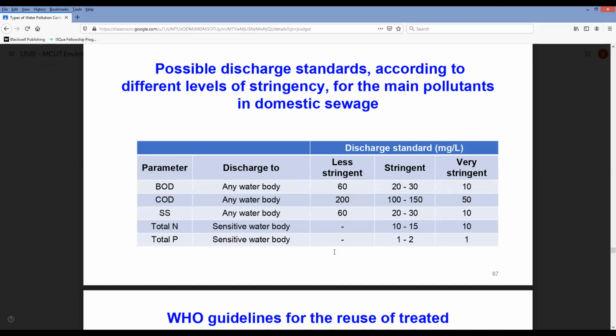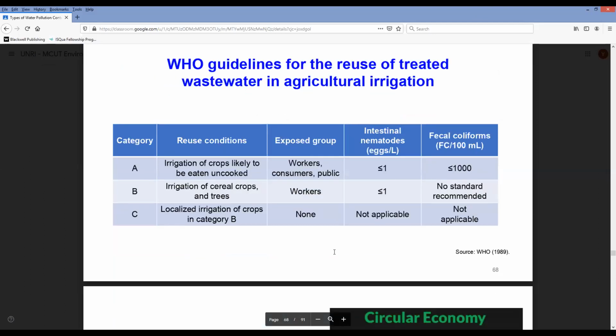Okay, next please. This is the WHO, the World Health Organization, guideline for the reuse of treated wastewater in agricultural irrigation. For category A, the reuse condition is the irrigation of crops likely to be eaten uncooked.